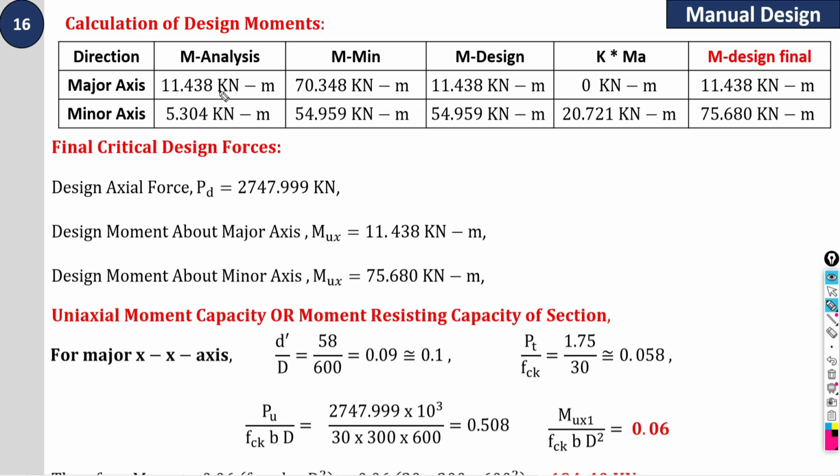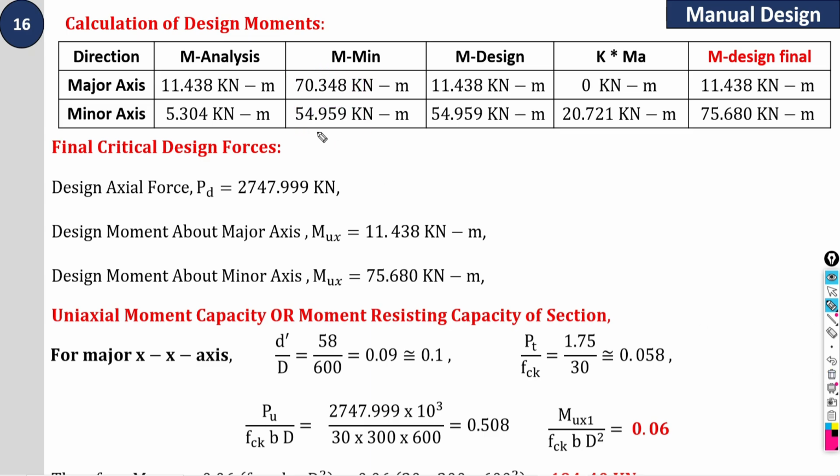If you consider the maximum along the major axis as the minimum eccentricity moment, then you don't need to consider it from the other direction. For the minimum eccentricity, you have to consider one direction only.